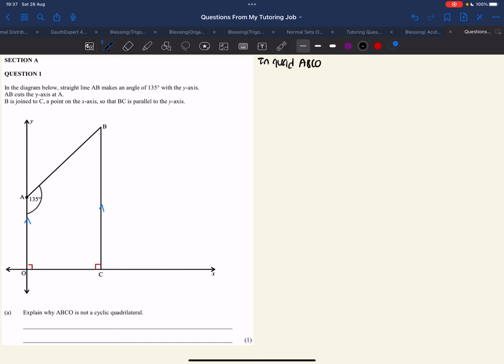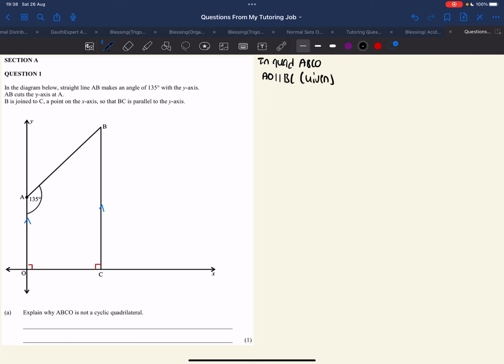What happens in quad ABCO is that we are given that AO is parallel to BC. All right, so that is given in the question.